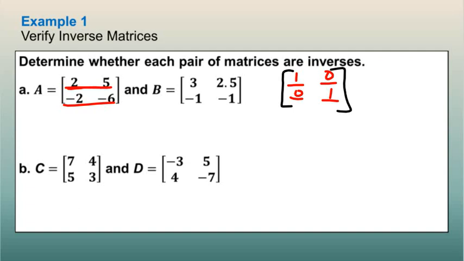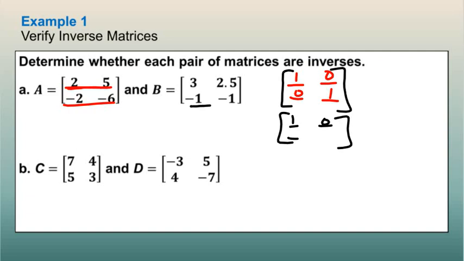Let's do the other direction. We would have 3 times 2 plus 2.5 times -1... that would give us 1. Then row 1, column 2: 3 times 5 plus 2.5 times -6 gives us 0.